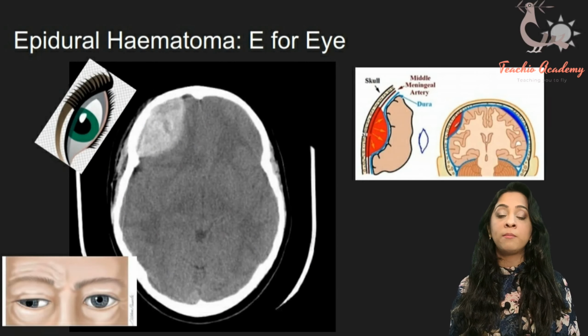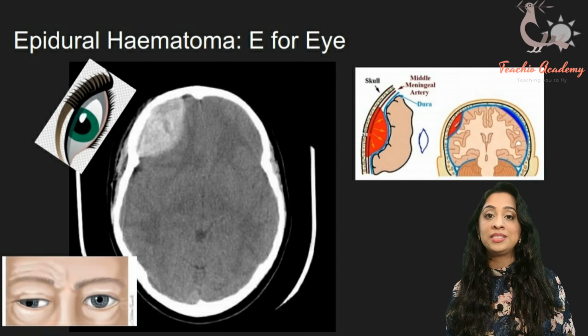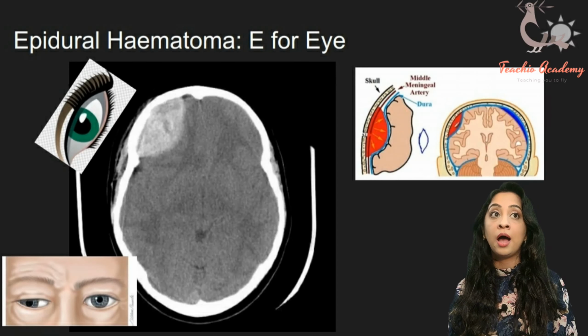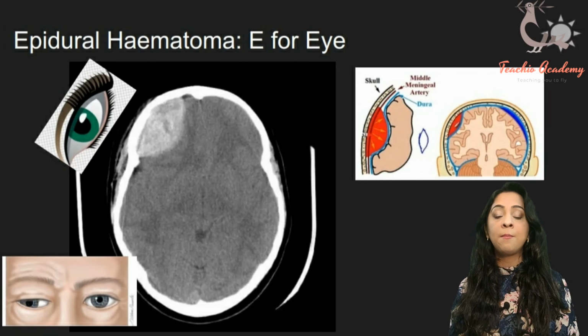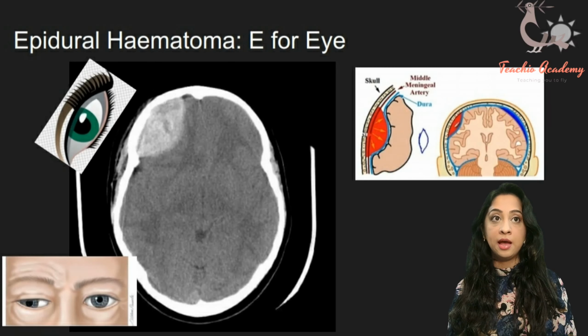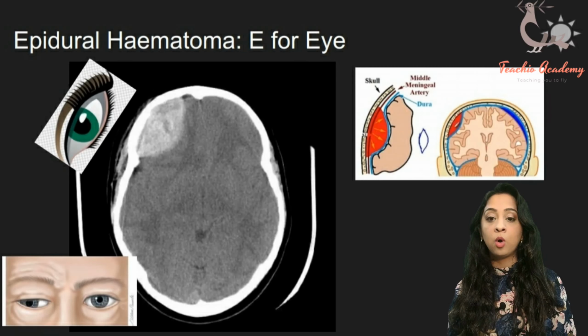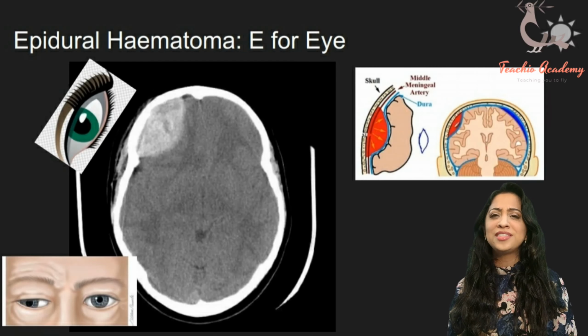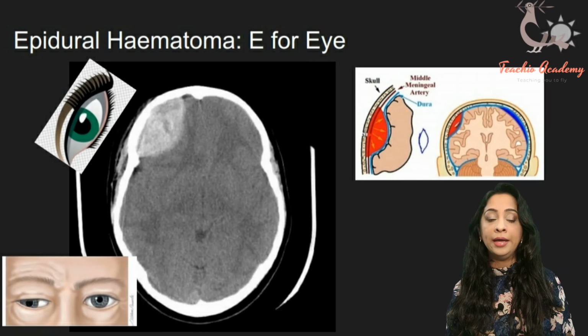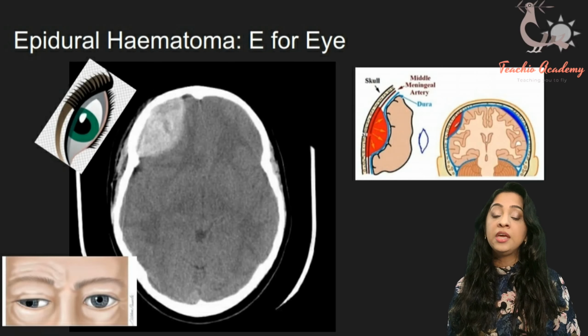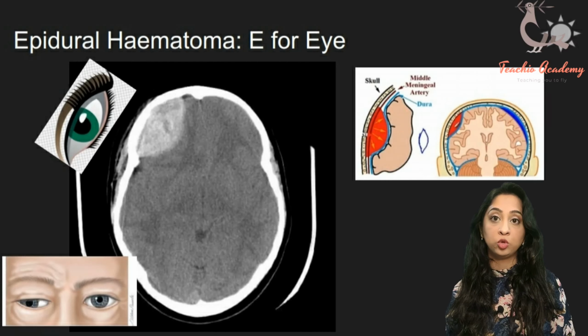The way I try to remember epidural hematoma is that E stands for eye. So if you see on the head CT a bright white area on the left upper corner of the brain, it looks like the shape of an eye. So remember this shape. It's going to differentiate it from its brother, the subdural hematoma.